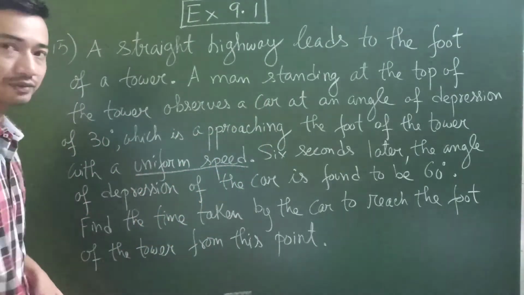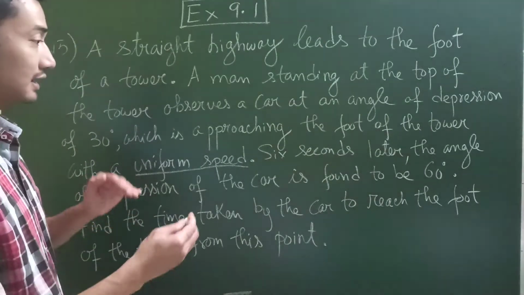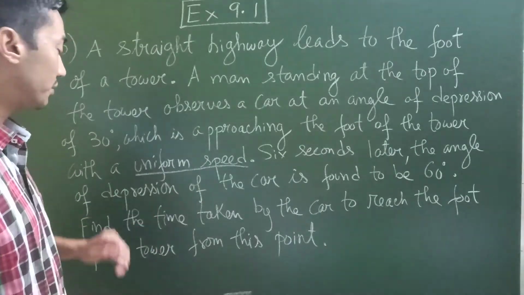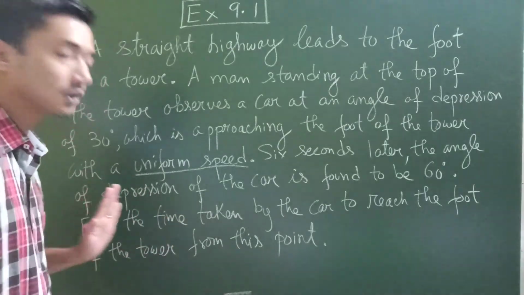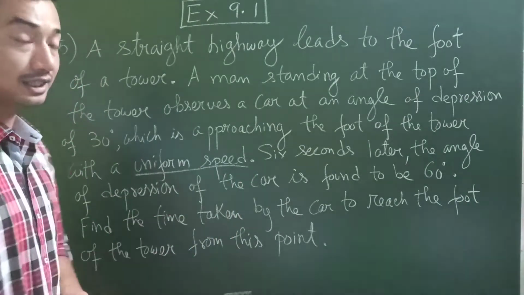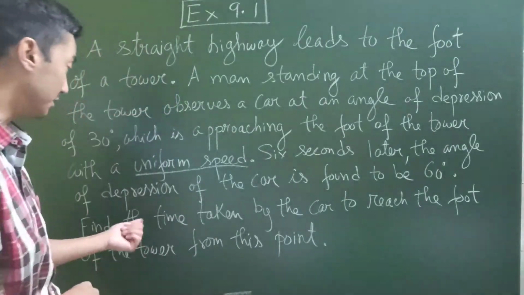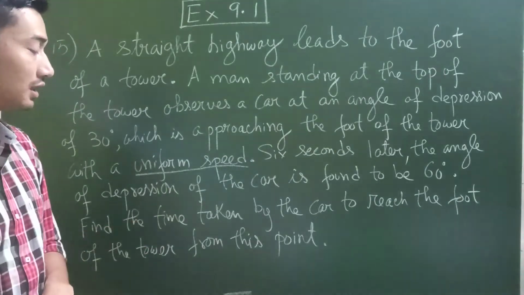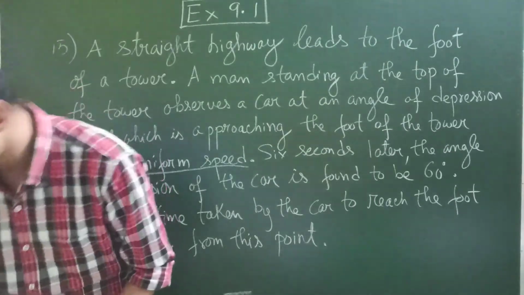This is going to be important for us. 6 seconds later, the angle of depression of the car is found to be 60 degrees. That means it has moved closer towards the tower. Find the time taken. Here we are not supposed to be finding distance, it's about time. So let's see how we can do this question. Find the time taken by the car to reach the foot of the tower from this point.